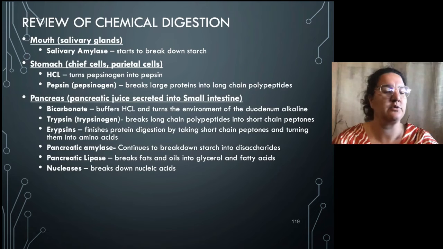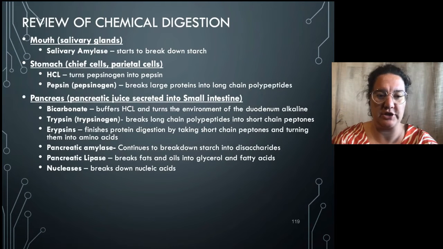Then the pancreas, which is responsible for a lot of the chemical digestion enzymes, produces bicarbonate, which buffers the hydrochloric acid, which turns our duodenum basic, which allows trypsin to become effective, breaking down those long-chain polypeptides into short-chain peptides. The erepsins finish protein digestion by taking short-chain peptides and turning them into amino acids.